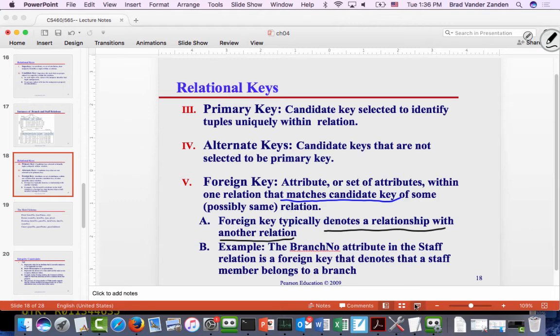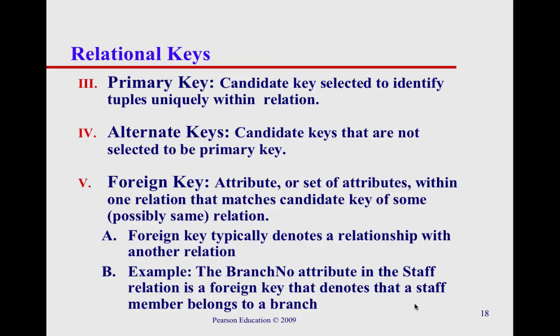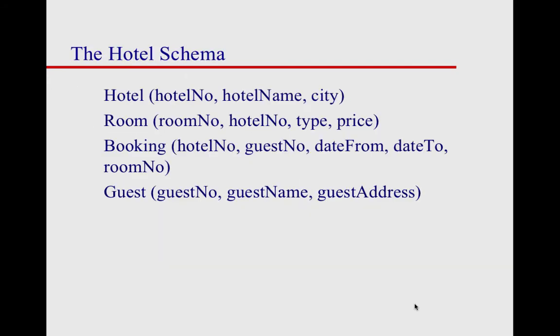In the hotel relation, okay, a booking is actually a relationship among a guest, a room, and a hotel. A person books a room, or a guest books a room at a hotel. So booking actually represents a 3-way relationship between a hotel, a room, and a guest.